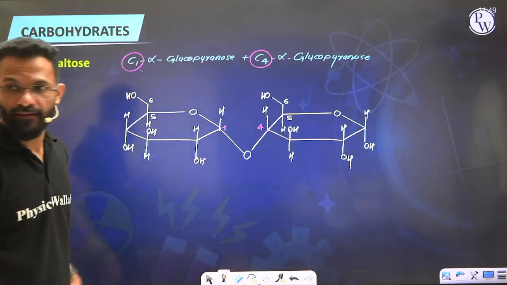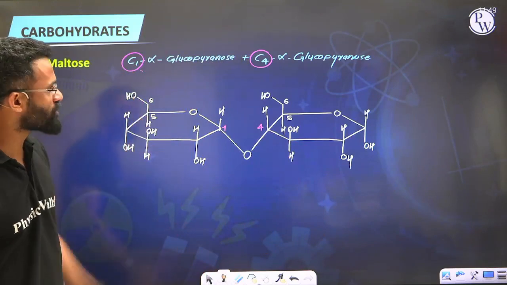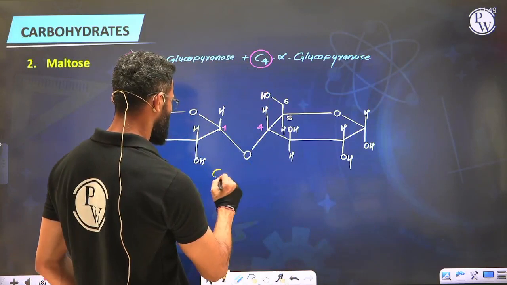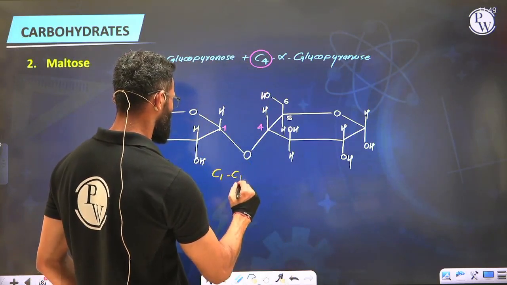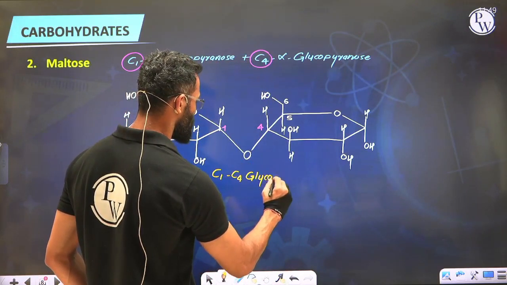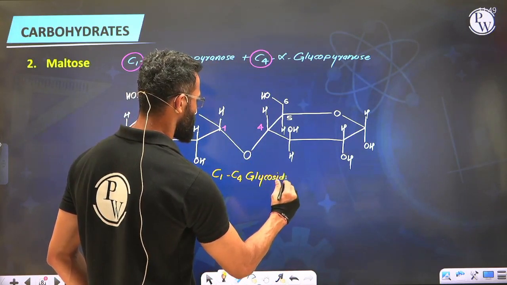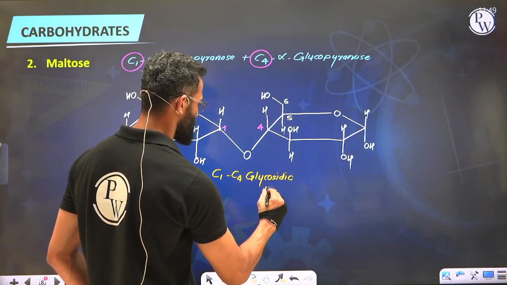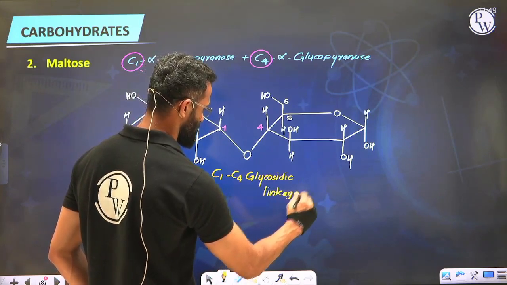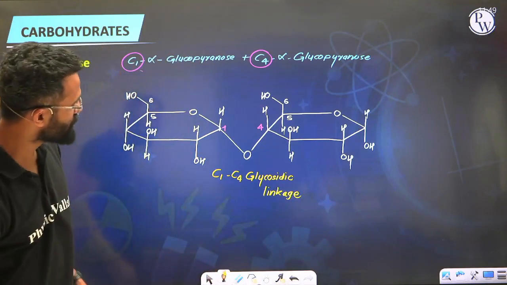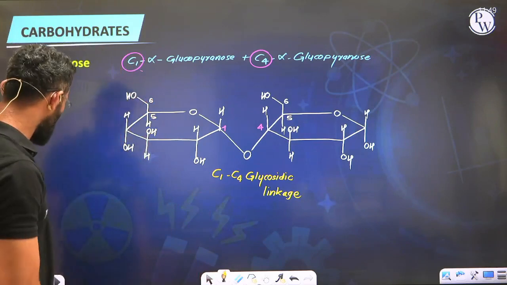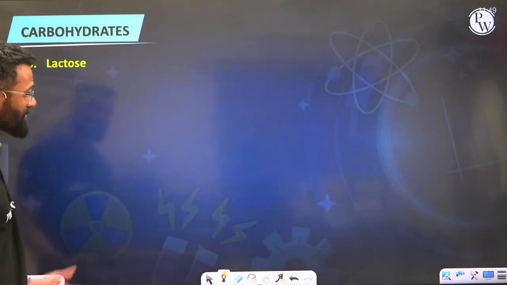Yes, so you see this is nothing but maltose, and this linkage will now be referred to as C1, C4 glycosidic linkage. Okay everyone, C1, C4 glycosidic linkage. So we studied maltose. Next is lactose.